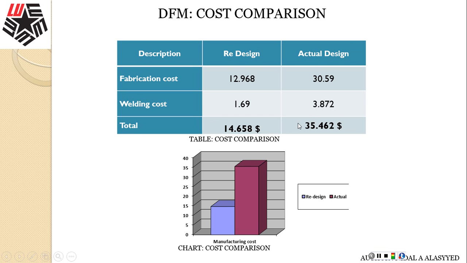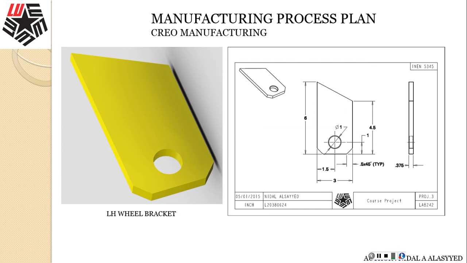It shows you $35.46 per unit compared to $14.65, and that's a chart reflecting that difference in cost for machining and fabrication welding. Now, here is the part considered for CREO manufacturing that I used, and I have shown this bracket, its dimensions, and what is basically happening to it.